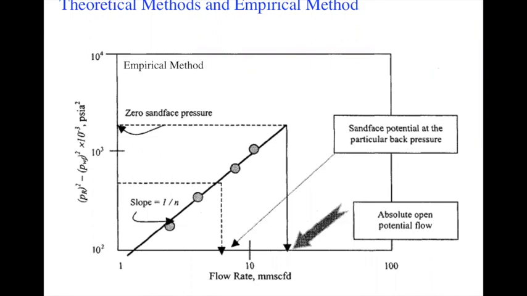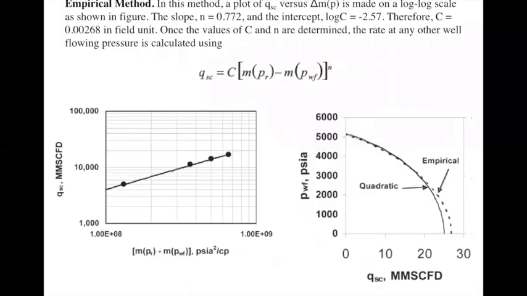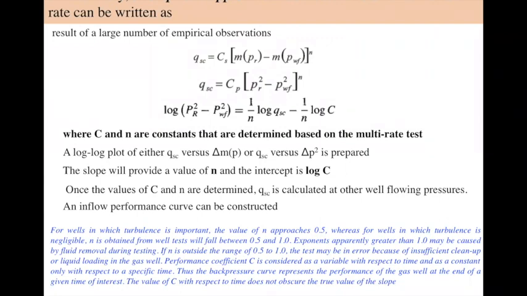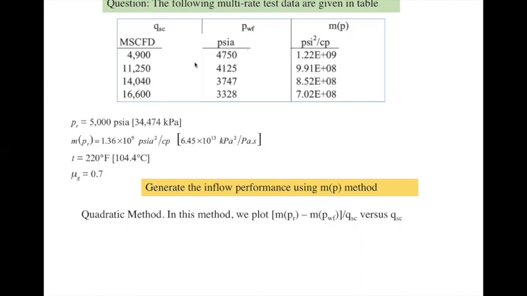You will be able to find out the IPR by very simple means, right? Using this equation, once you have the values of C and n, for any particular value of Pwf, you can find Qsc, right? It is simple.